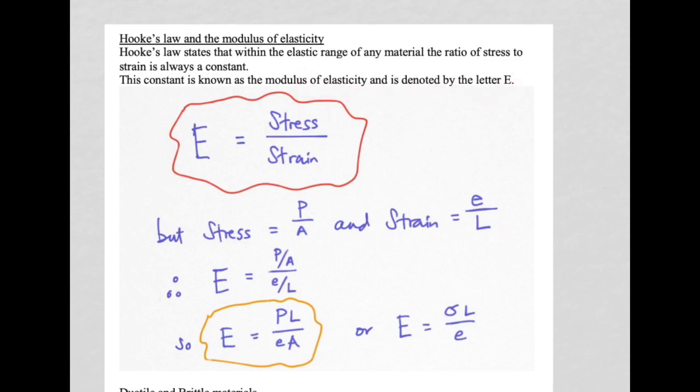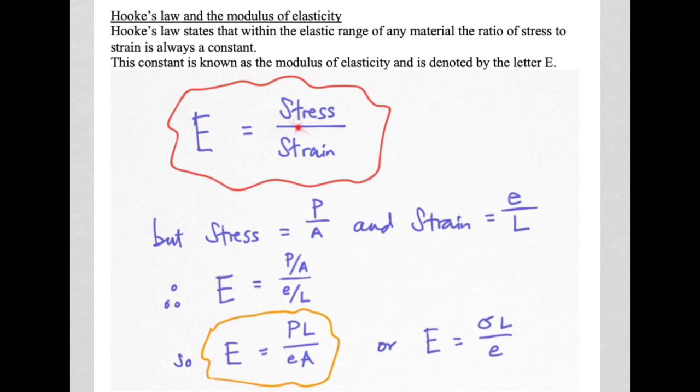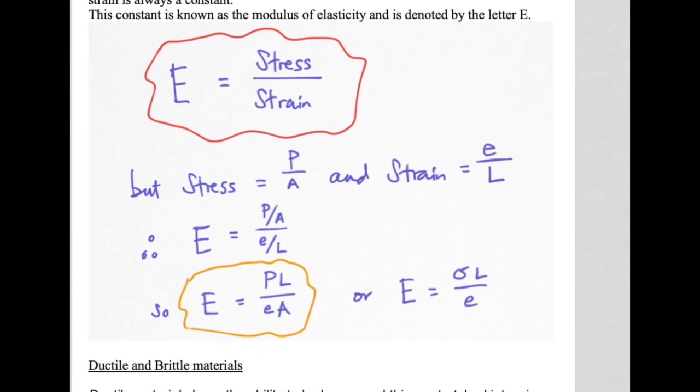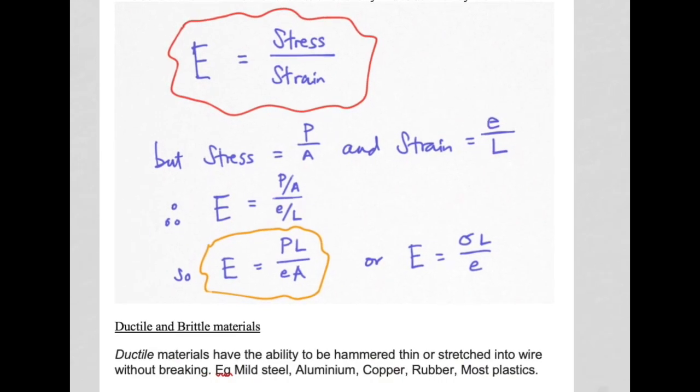Now you'll find E in many design aspects in mechanical engineering. And there it is. E is stress over strain. Okay, but now let's cast our minds back to what stress was. Stress was load over area, and strain was change in length over original length, both well known to you. So let's substitute P over A, load over area, for stress, and change in length over original length for strain.